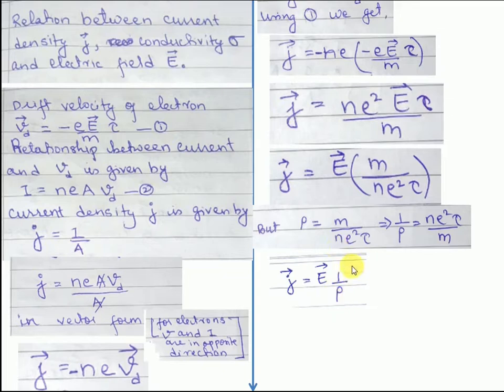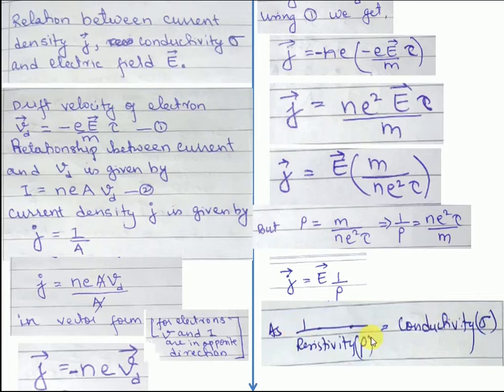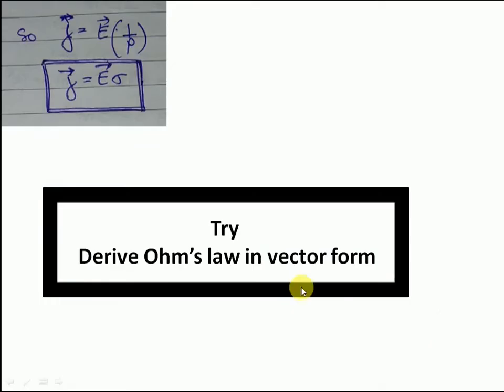But we also know 1 by resistivity is conductivity. So instead of this I'll write conductivity. So current density is electric field times conductivity. You can try deriving Ohm's law in vector form, which is there in the book. So try this.